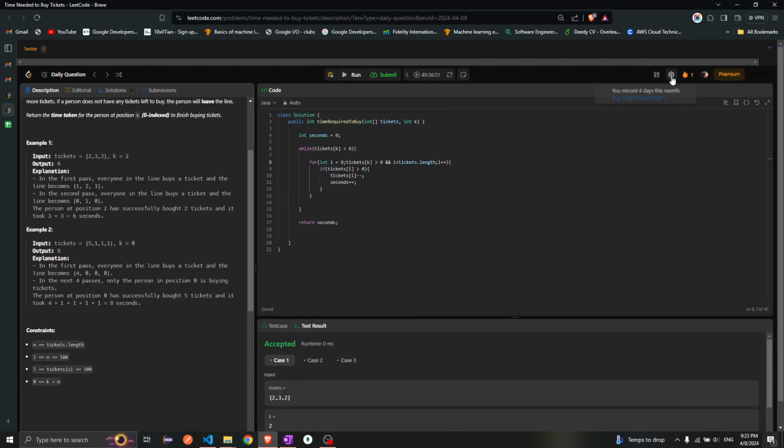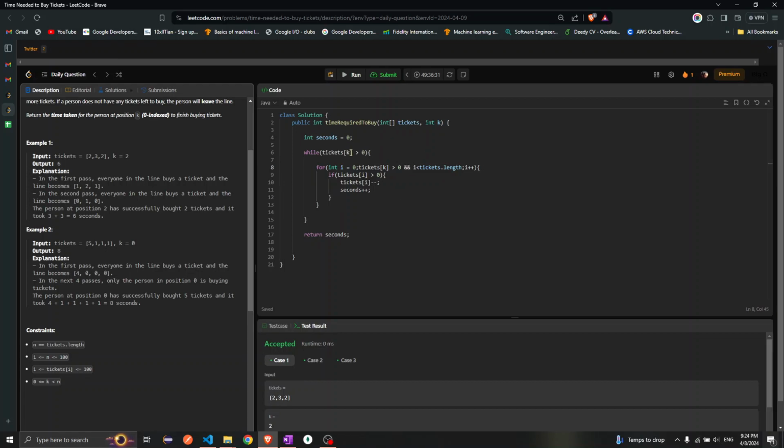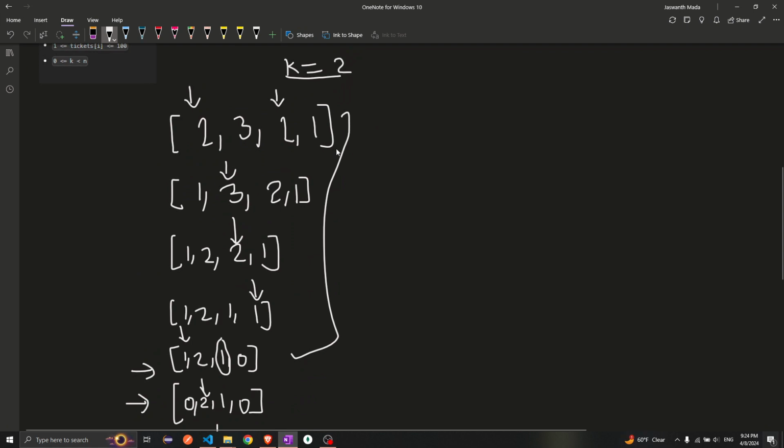This is the code. What I did was, I took seconds. When I'm changing, I'll just increase the number of seconds. Initially, I'll take a seconds variable, seconds equal to 0. At every iteration, when a person is buying the ticket, I'll increase the seconds.